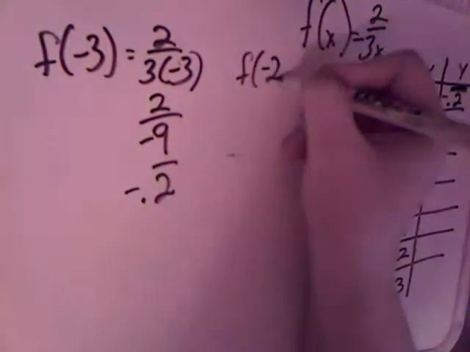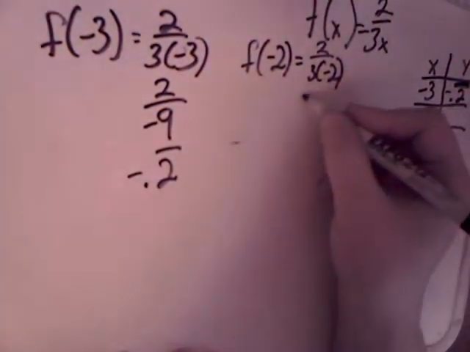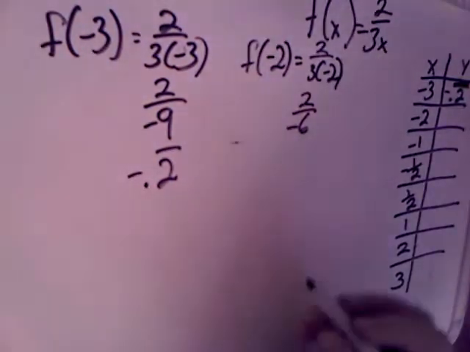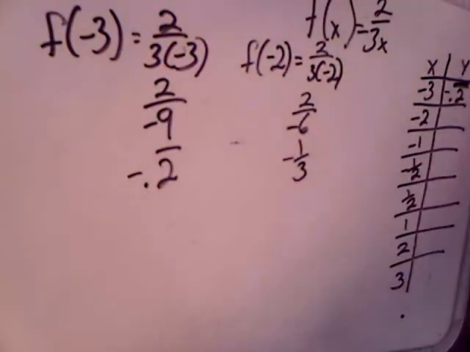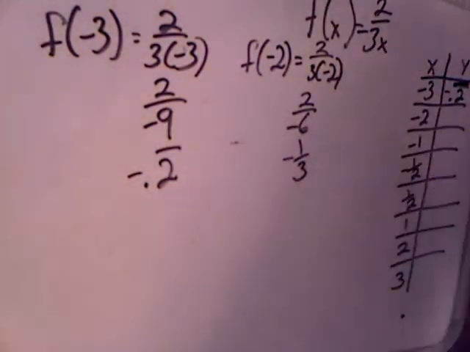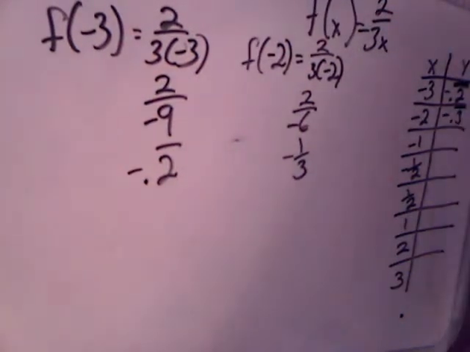When x is -2, 2 over 3 times -2, 3 times -2 is -6. 2 over -6 actually turns out to be -1/3. 1/3 is 0.3 repeating, and this is a negative number.